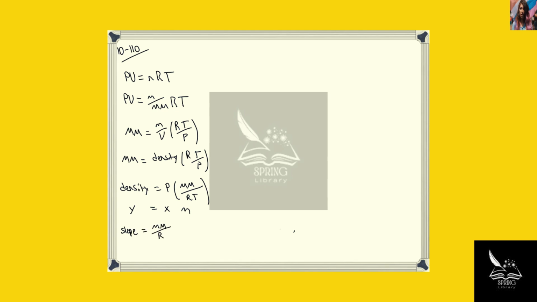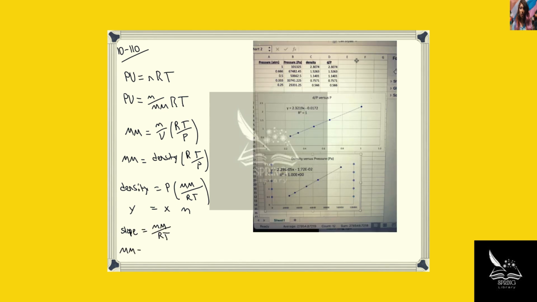So this is what I did. I went ahead then and I converted my pressure that was given in atmospheres to a pressure in Pascal. And then I kept the density in the units of grams per liter, which is the same as kilograms per meter cubed.